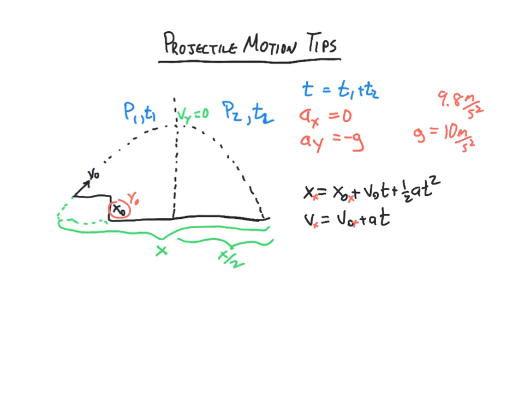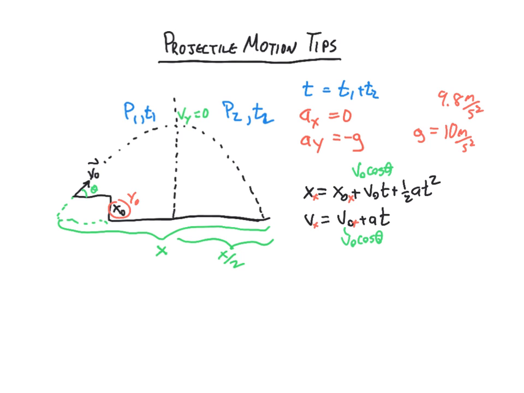The other thing I will note is, in this case, v0 is a vector. So if I give you this angle theta, then this here actually becomes v0 cosine theta, and here this is v0 cosine theta.